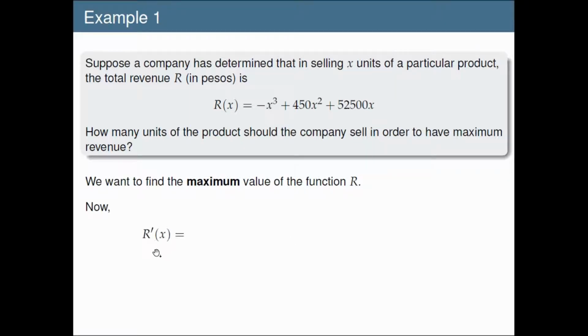R prime of X equals negative 3X squared plus 900X plus 52,500. This one is equal to negative 3 times X squared minus 300X minus 17,500. This is also equal to negative 3 times this one.